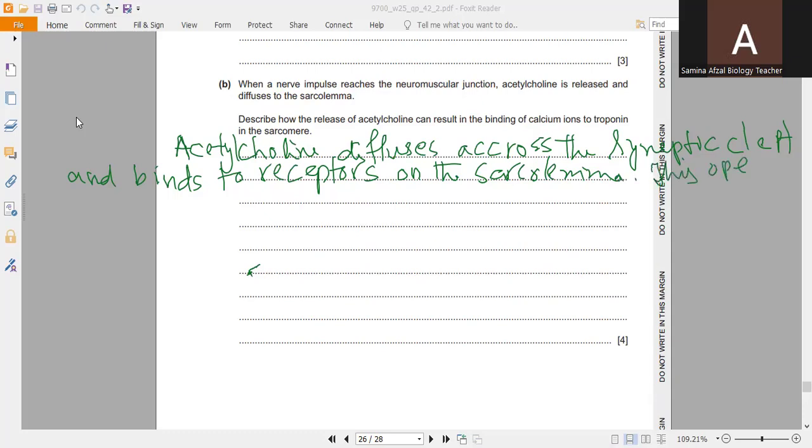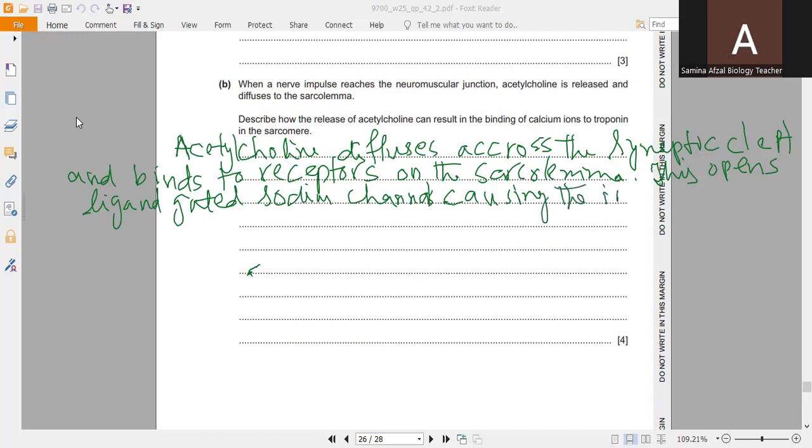This opens ligand gated sodium channels, causing an influx of sodium, which depolarizes the membrane.